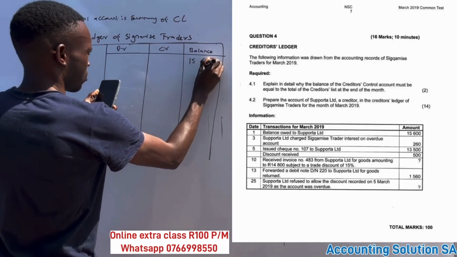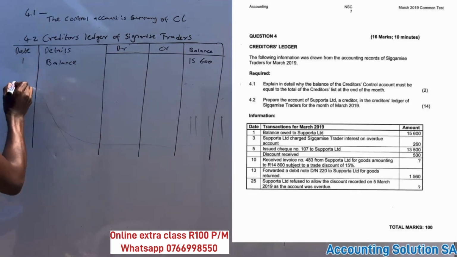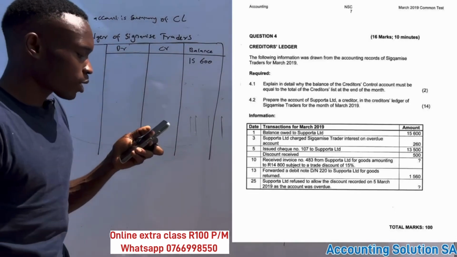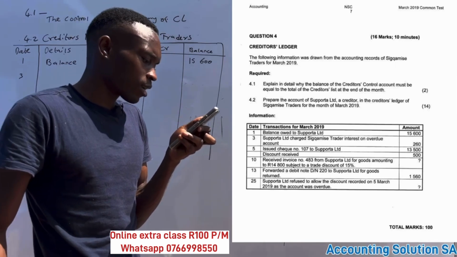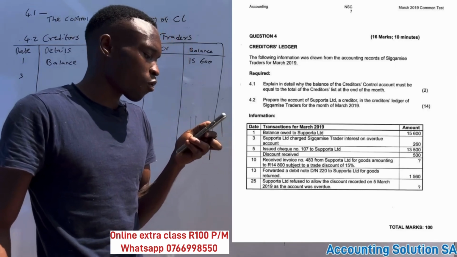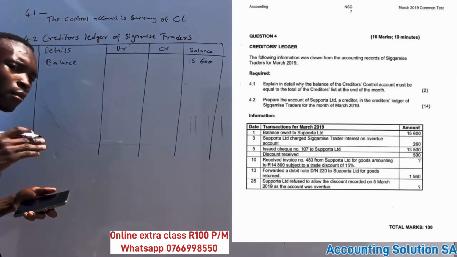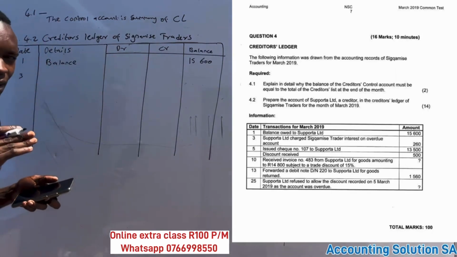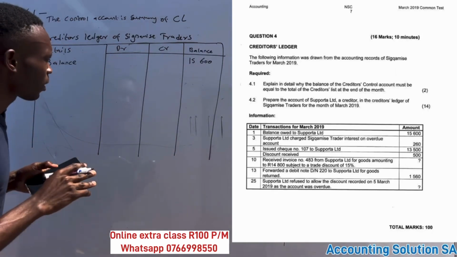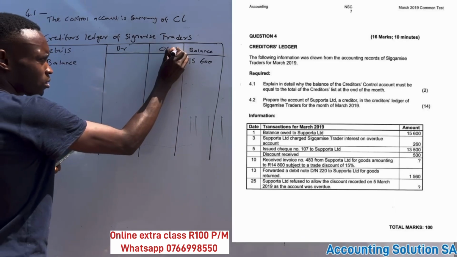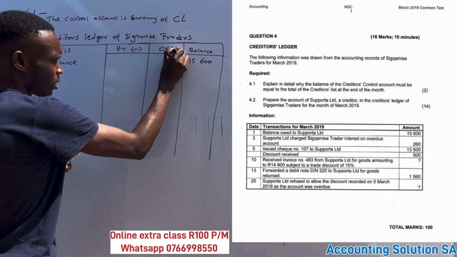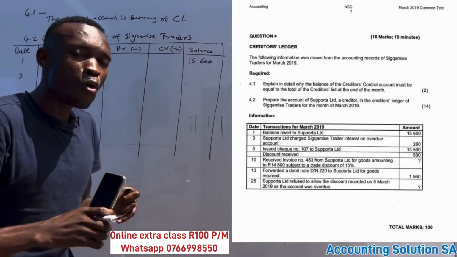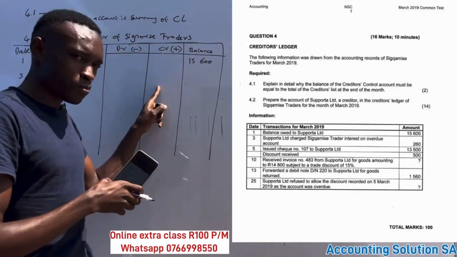The balance was 15,600 at the beginning of the month, and on the 3rd, let's start with our transaction now. Support Ltd charged CAPITEC Traders interest on the overdue account. Remember, in a creditors ledger we are talking about liability. Liability increases on the credit and decreases on the debit. In other words, if we owe more money, it's going to be credited.